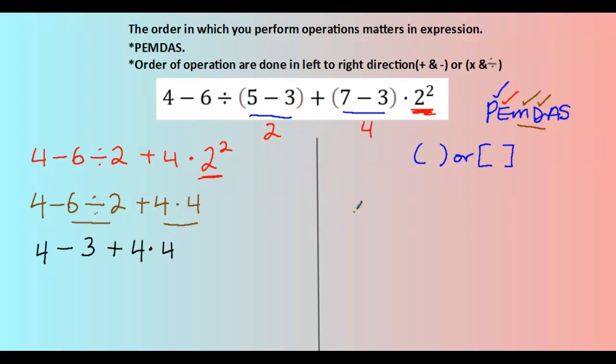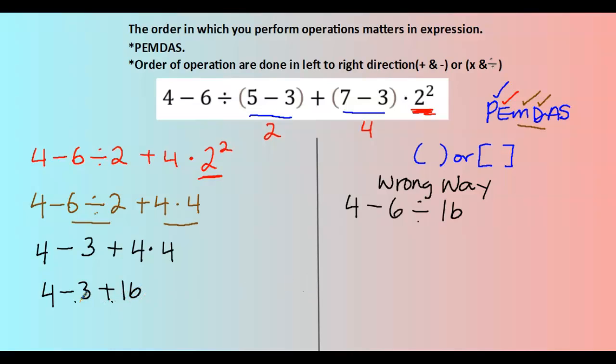If we didn't do it that way and we did the multiplication first, we would have gotten 4 minus 6 divided by 16, because we would have multiplied 2 times 4, and that would have given us 16. So this is the wrong way. Here we have multiplication, so now we have to do the multiplication. So we have 4 minus 3 plus 16.